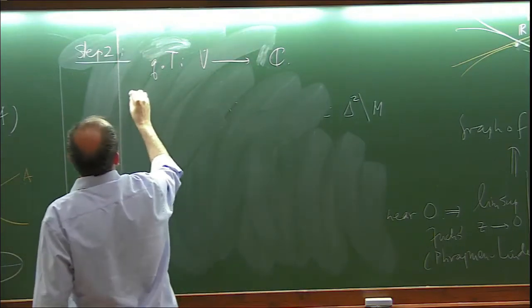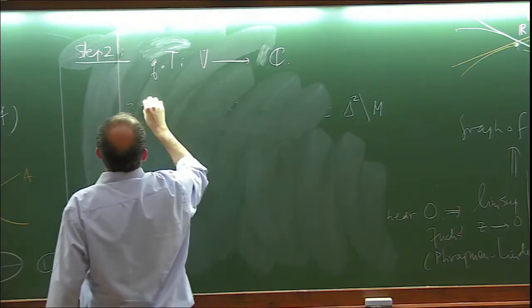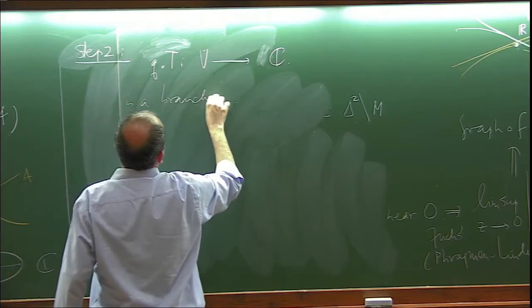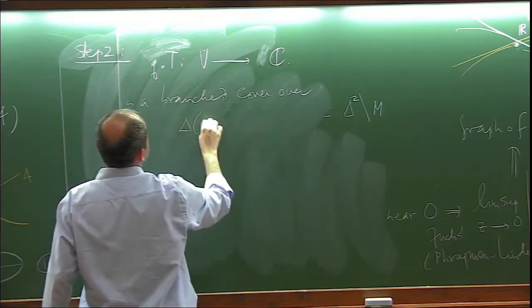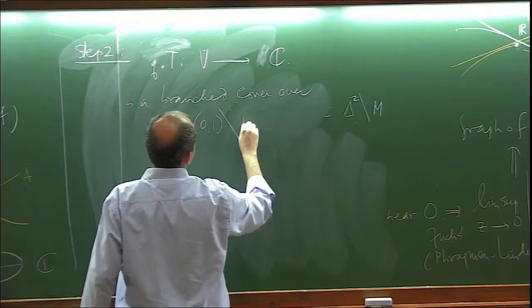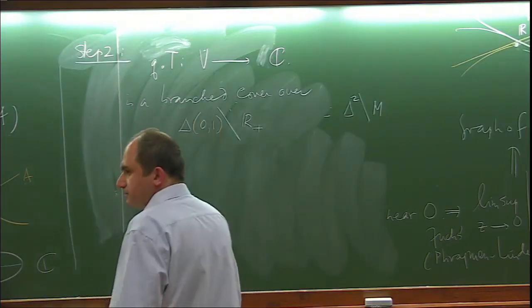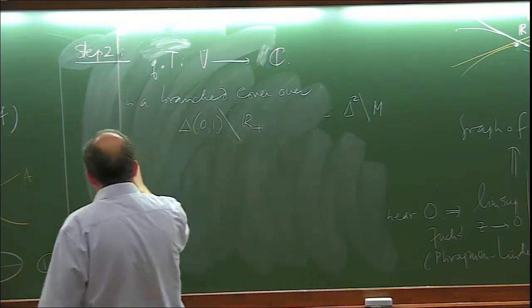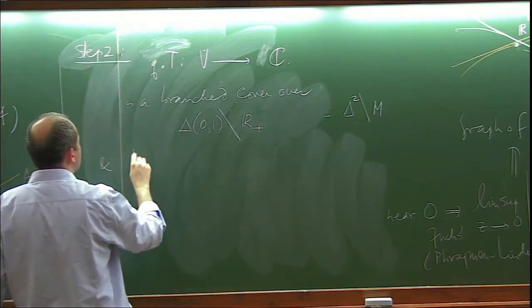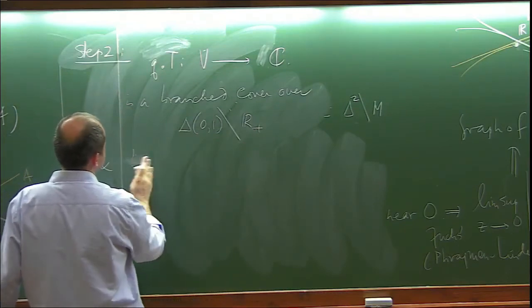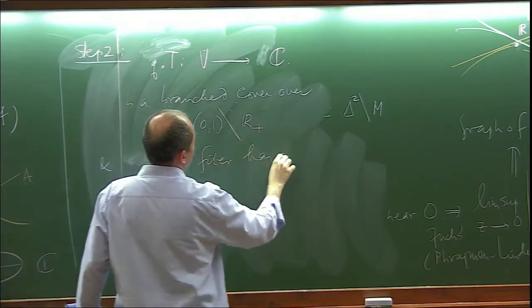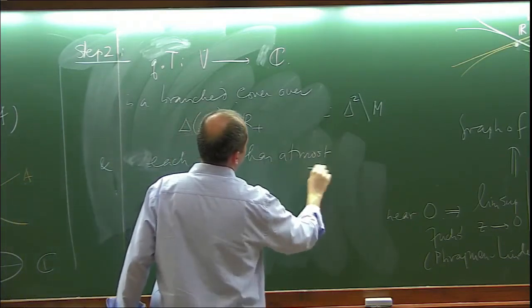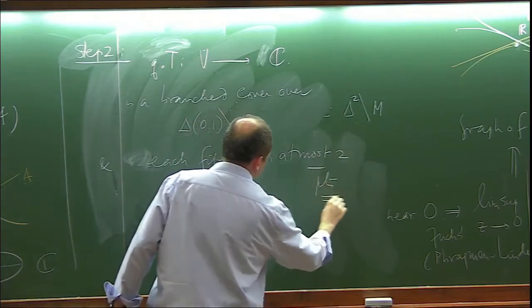So this is a branched cover over the disk minus the positive interval, and more importantly, each fiber has at most 2 points.